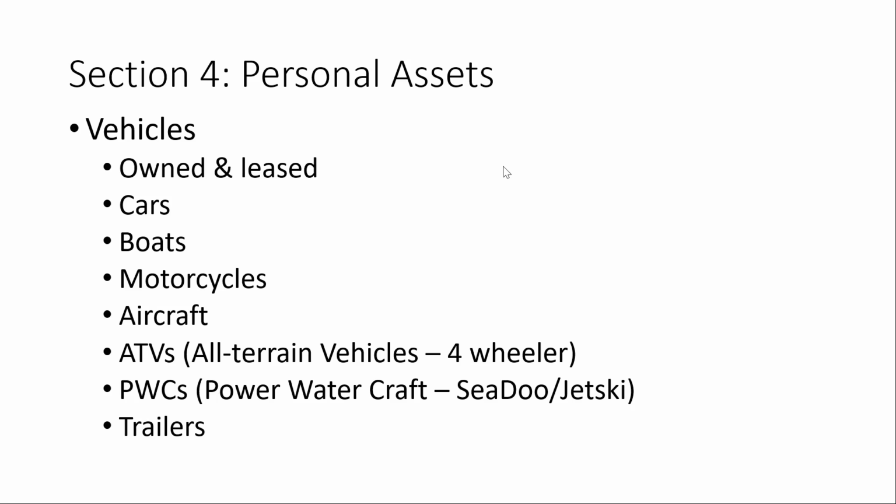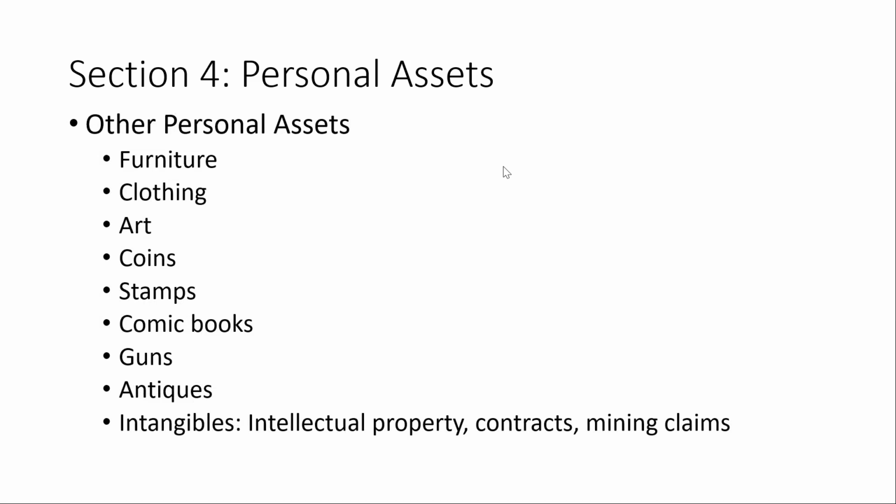And if you don't disclose these, the IRS can find them, because a lot of these things have titles. A lot of them have registrations that the IRS can, through their financial investigation, eventually uncover. And so in a full financial investigation, you've got to disclose all that. Other assets.